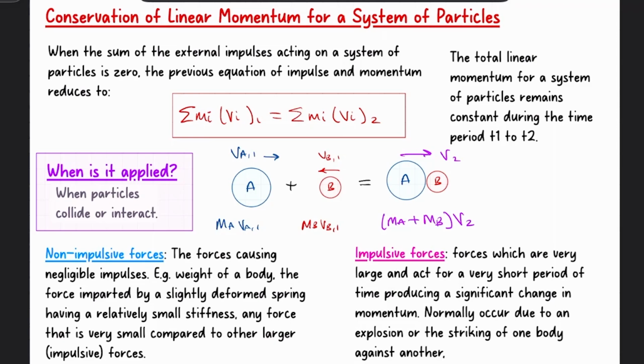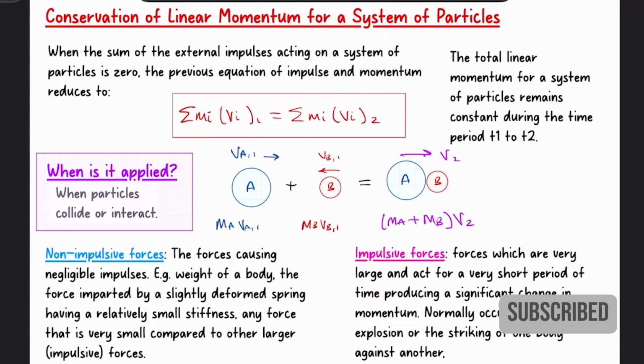So for this conservation of linear momentum and impulse, we have once again two types of forces. Non-impulsive forces are those forces that do not cause or have negligible impulses, such as the weight of a body or the force imparted by a slightly deformed spring having a really small stiffness.